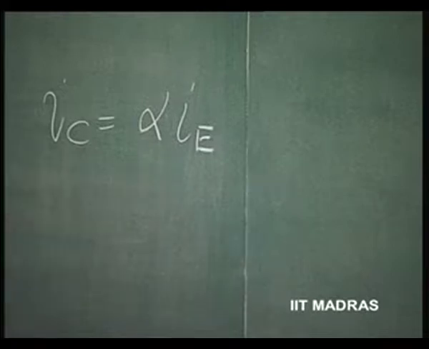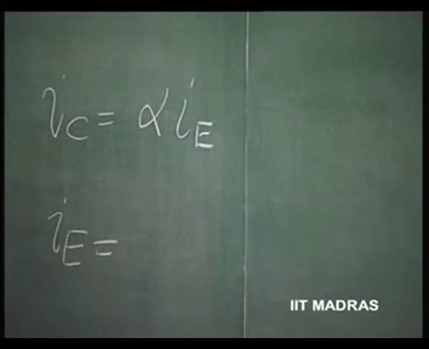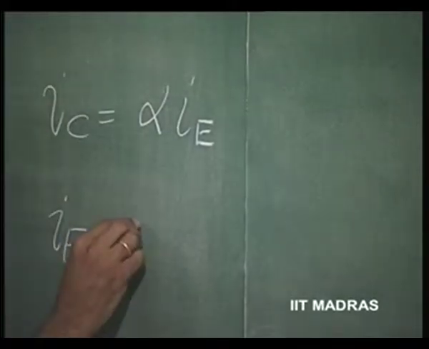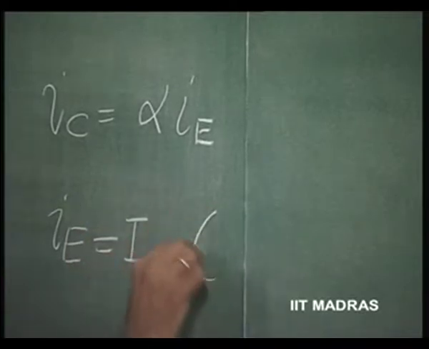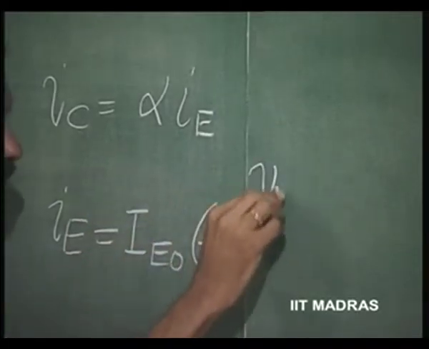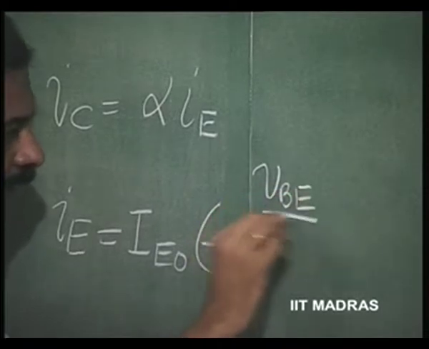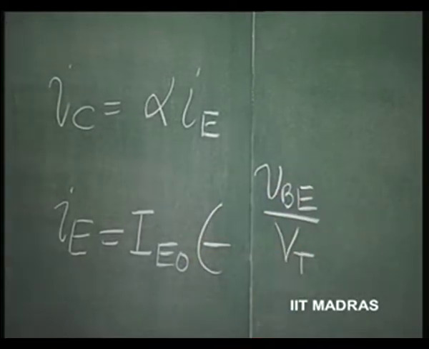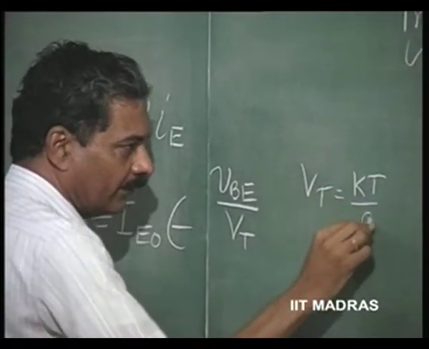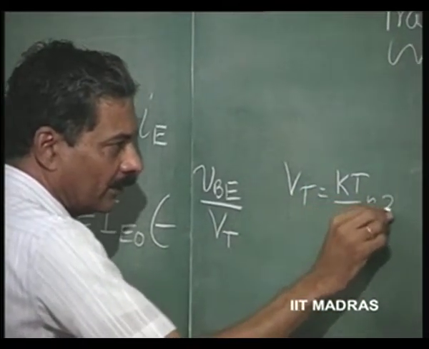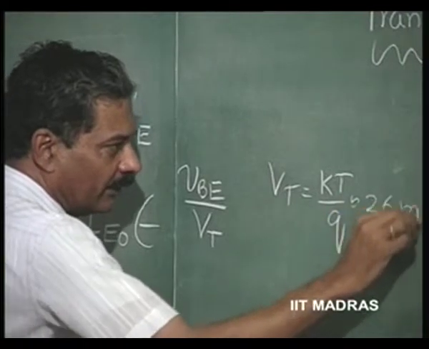The other relationship is between IE and VBE. We know that IE is equal to IE naught, the reverse saturation current, times exponent VBE by VT. VT is the thermal voltage, which is nothing but KT over Q, about 26 millivolts at room temperature.